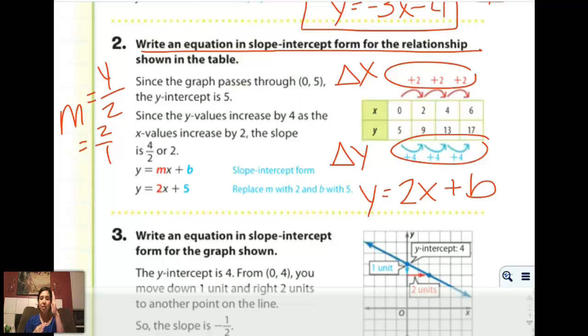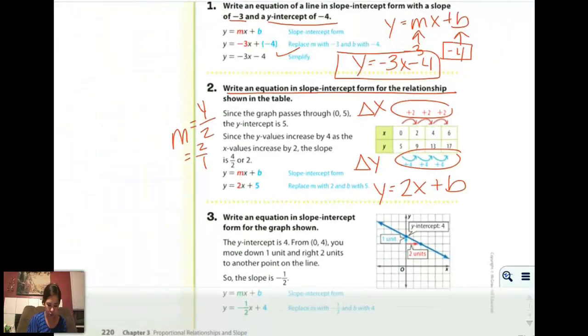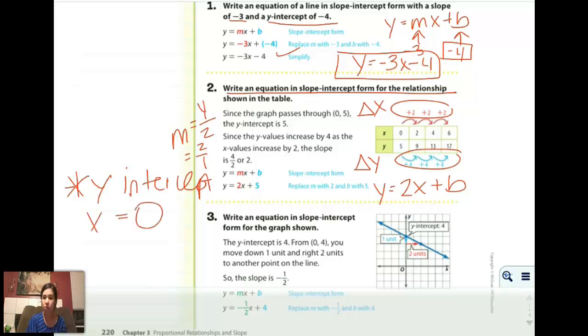On a table, where we find that point is where the x is 0. So write that as a side note to yourself. The y-intercept is where the x is equal to 0. On a table, also on a graph, which we're going to see in the next example.